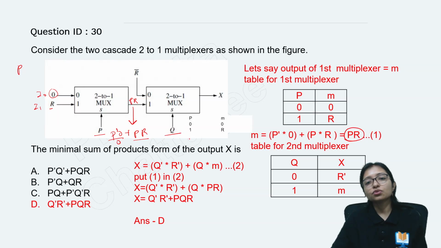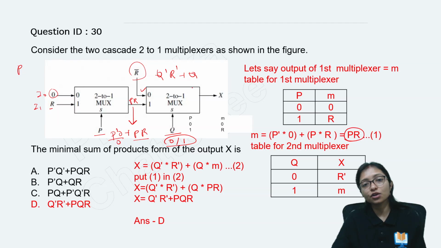Now for Q, what is happening? When I am getting Q bar, it is 0 or 1. So when I am getting Q bar, this one is selected. This value is R bar. So Q bar dot R bar plus Q. When I am getting 1, then it is Q. At that time this one is selected. This value is PR.